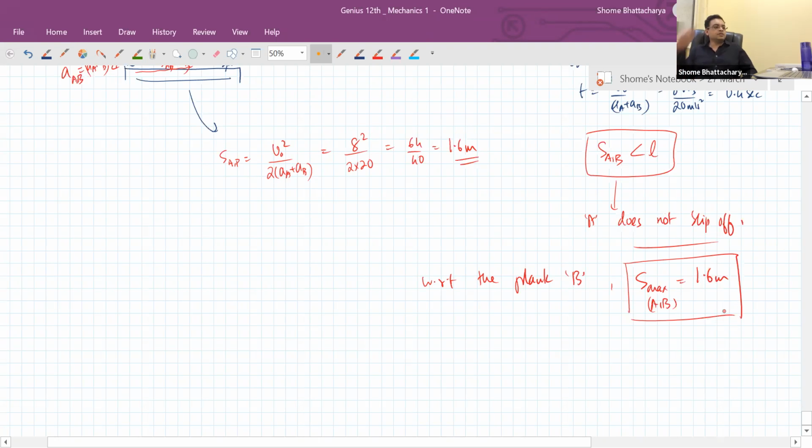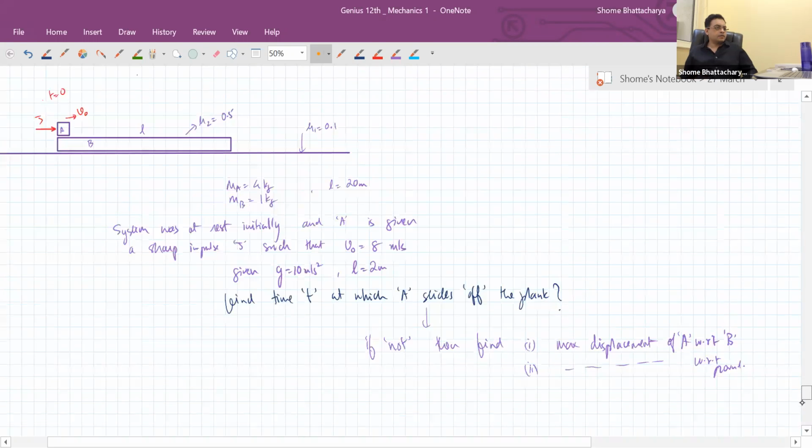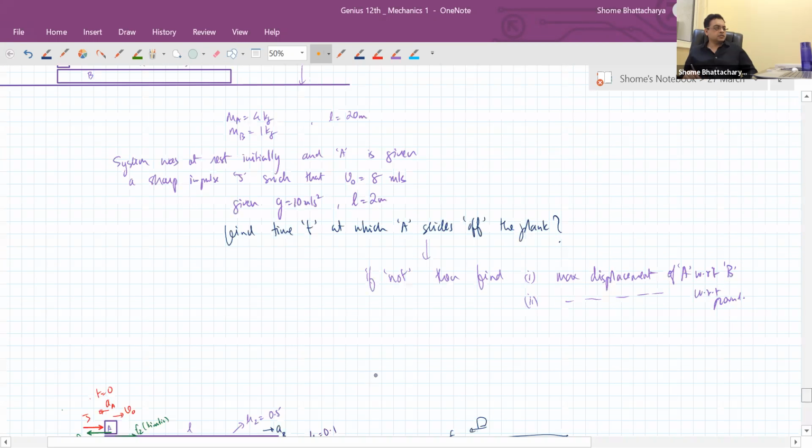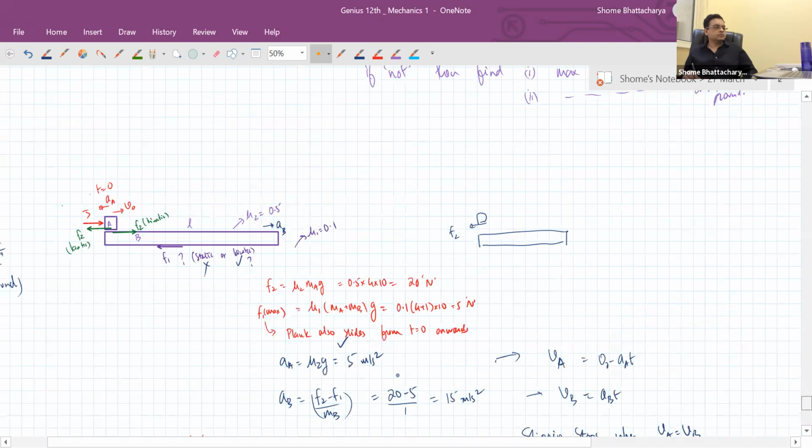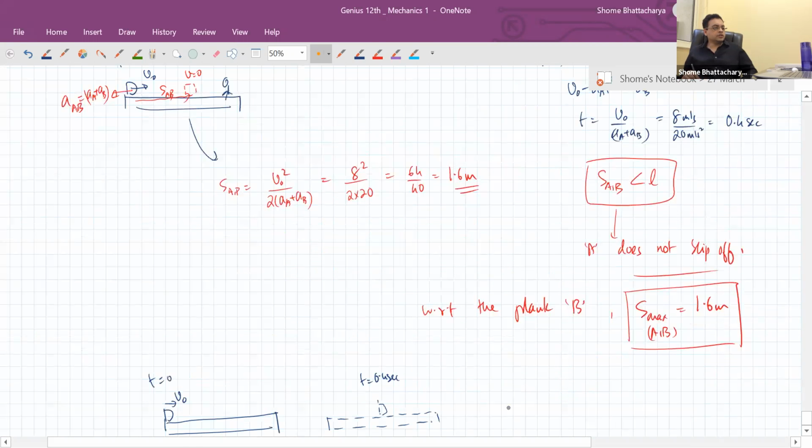But in the ground frame it's something more interesting, because in the ground frame, at t equal to 0 they start off like this. Then at t equal to 0.4 seconds, they have a common velocity now.